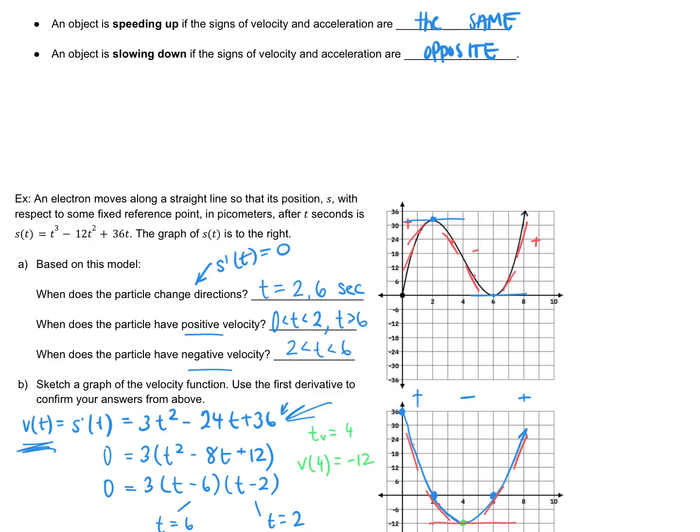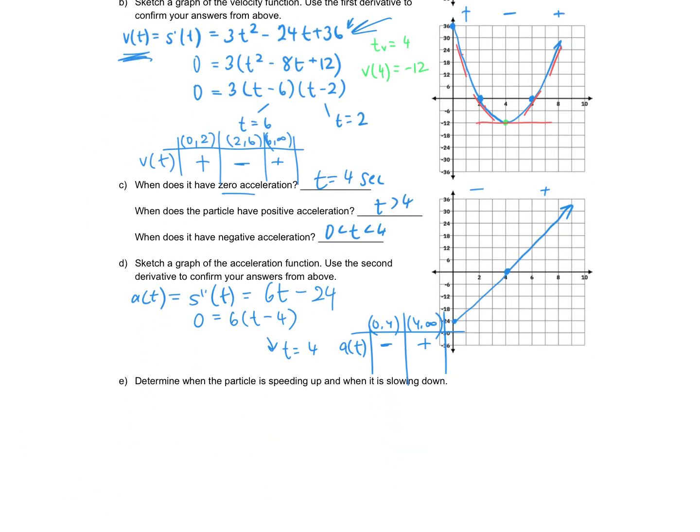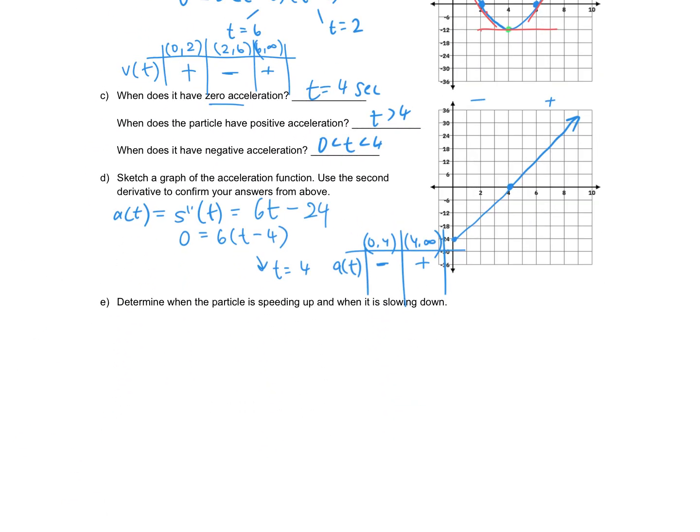Okay, so let's see if that prediction is true. Let's do it algebraically now. So we found above that if velocity and acceleration have the same sign, the particle is speeding up. If opposite, it's slowing down. So I'm going to create a sign analysis here using velocity and acceleration.